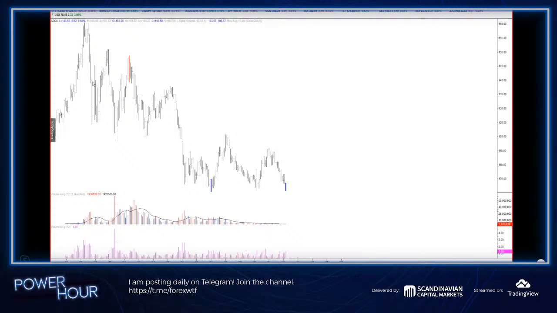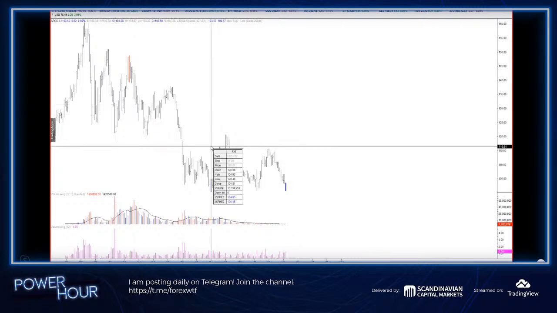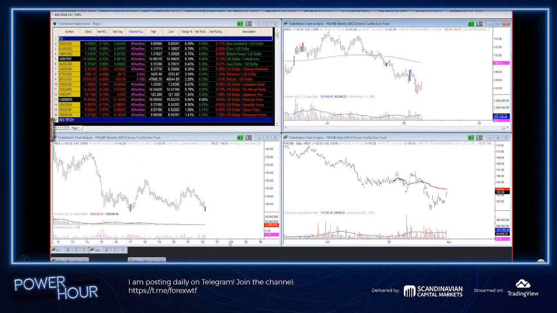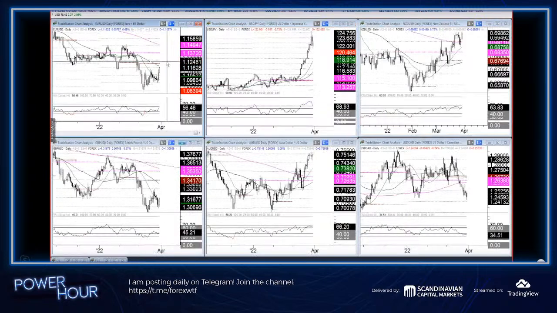Since inception of FXE, which only started back in 2006, you can see that we've had two signals. This would be the third. The last one was January 2017, which was obviously a very big low. And then we had one back in May 2011, which was a really big high. So historically it has paid to pay attention to signals like that.